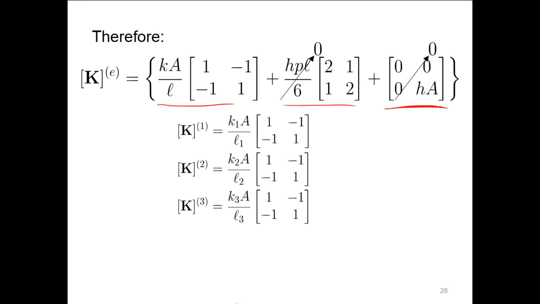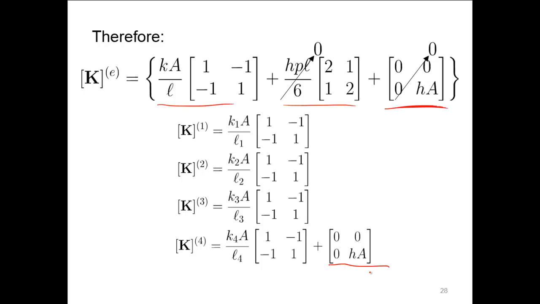Those don't have any convection at all. At element 4, we do have convection, essentially from the tip of the wall. So we just have the tip convection term, and that's only at node J, so we have zeros for the 2 node I's in element 4.